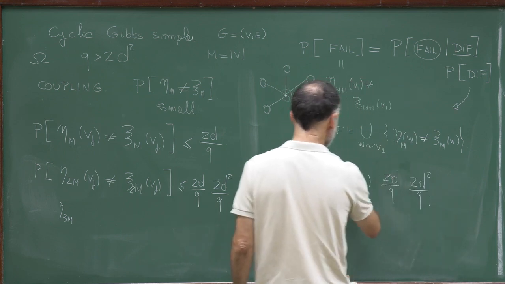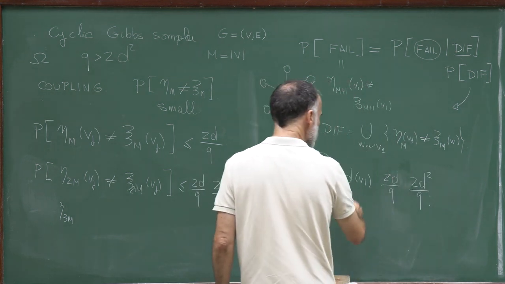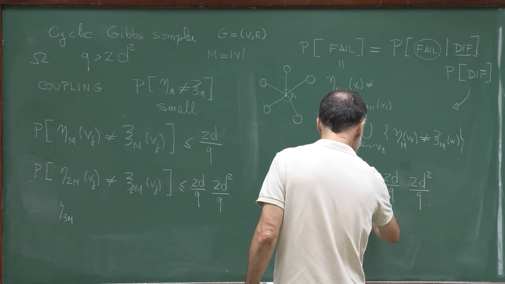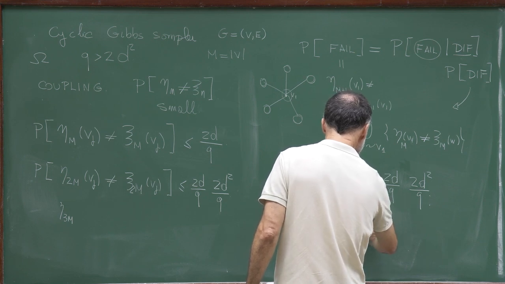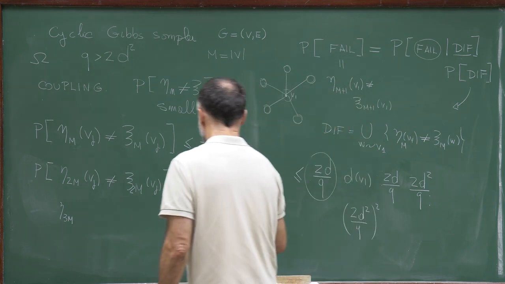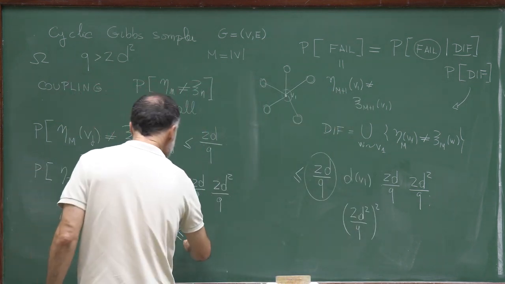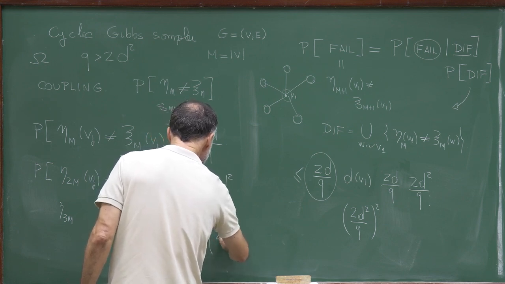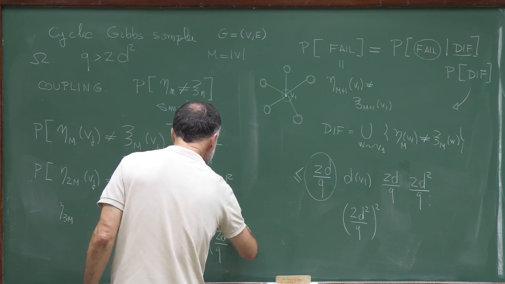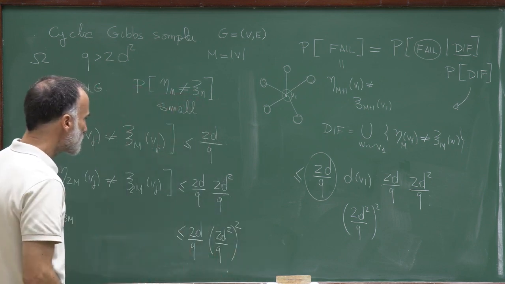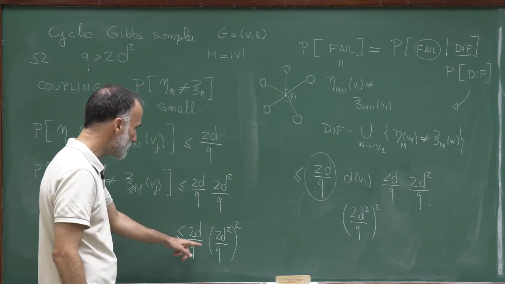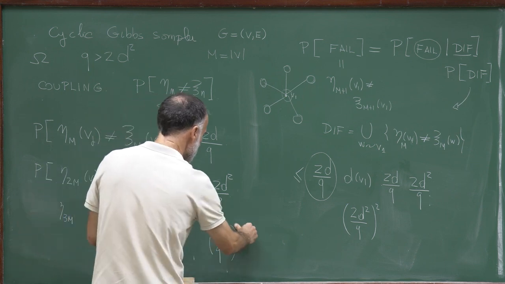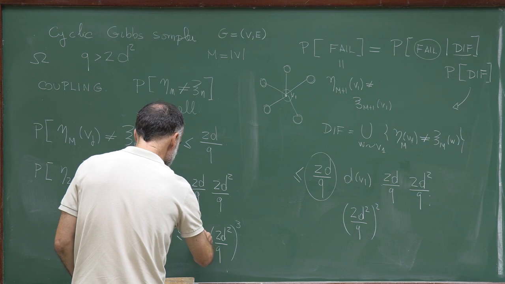And you see that this is again bounding d by d, the degree of v1 by the total degree. This is 2d squared divided by q squared. And so at time 3m, this will be bounded by 2d divided by q and 2d squared over q squared, which, if I multiply by d and divide by d, I can write as 3, 1 over d.